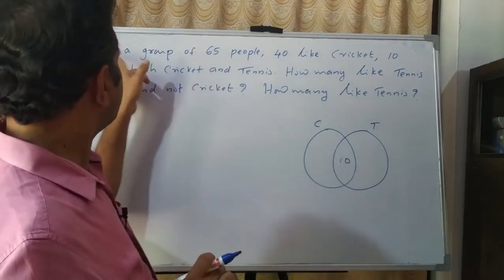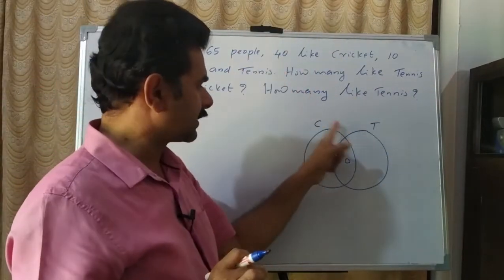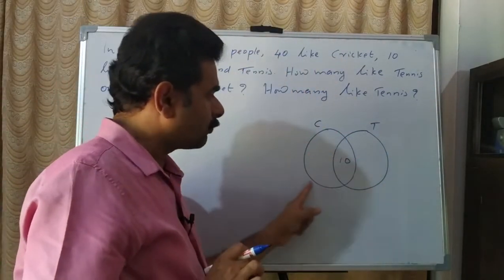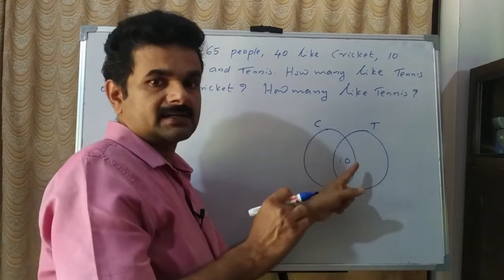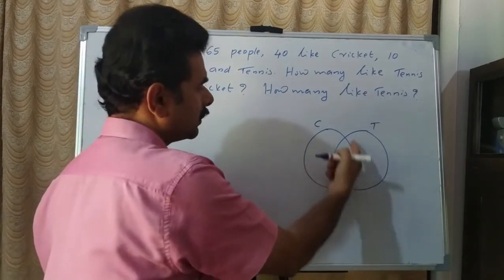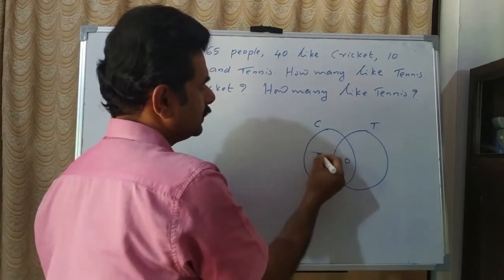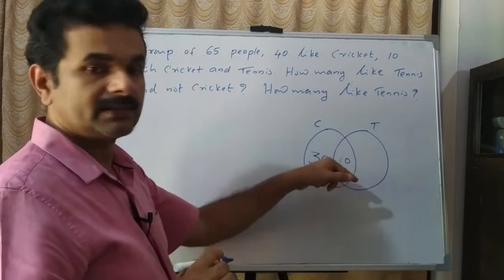Then look at the top: in a group of 65 people, 40 like cricket. So the number of people who like cricket is 40. For cricket there is 30. Why 30? 30 plus 10 is 40.